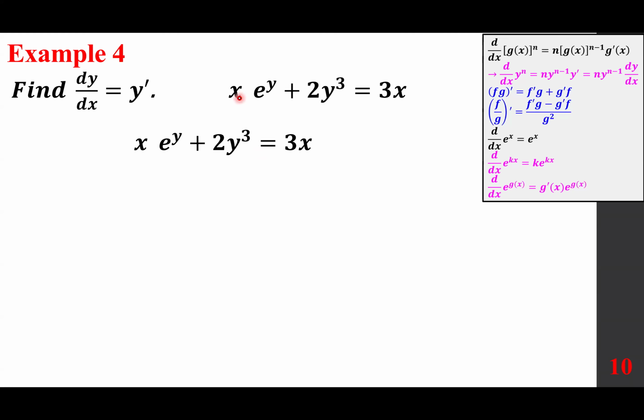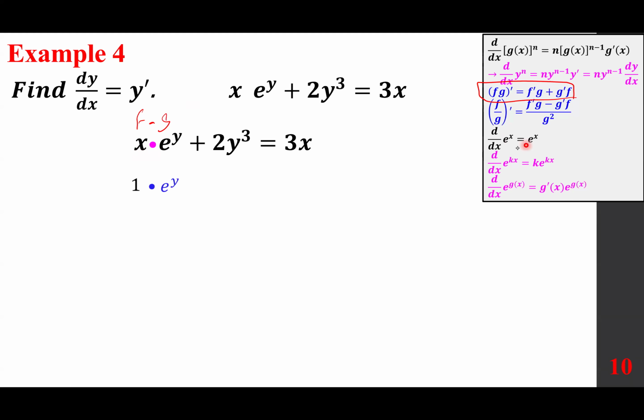All right. x e to the power of y plus 2y cubed equals 3x. We want to differentiate. We notice this is the product of x and e to the power of y. Again, using the product rule, f prime g plus g prime f. f prime is 1 times g, which is e to the power of y.